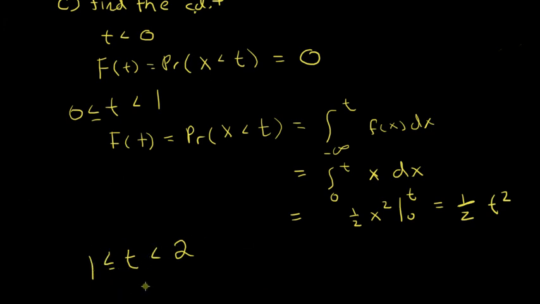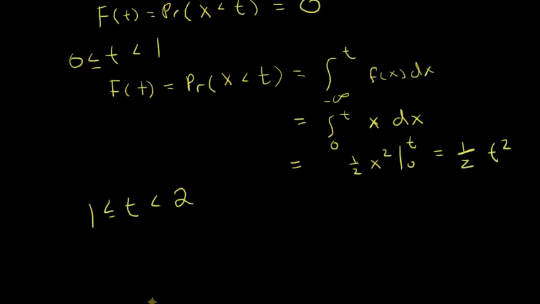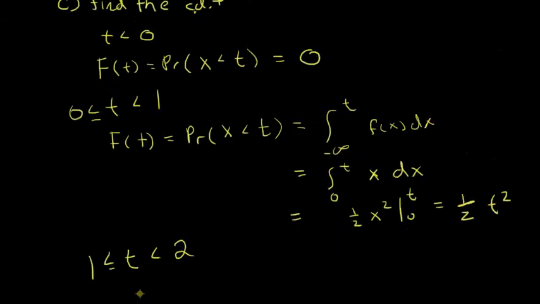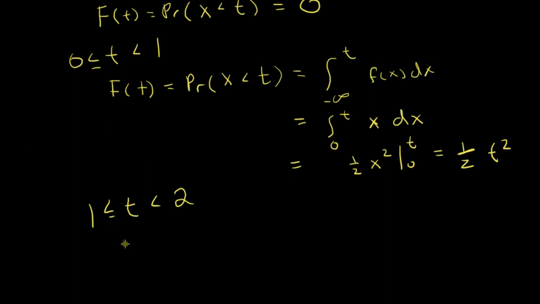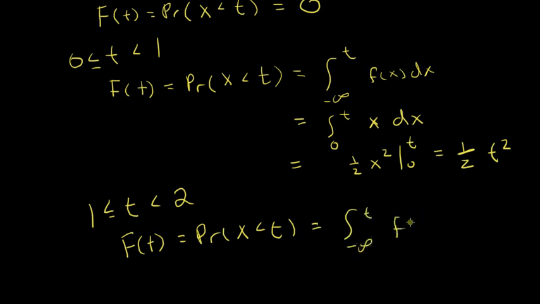Okay. So let's see. If it's more than 1 but less than 2, what is my CDF? By definition, a CDF is the integral from -infinity to t of f of x.